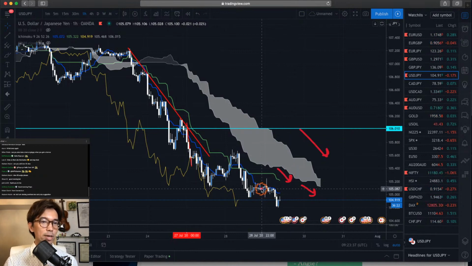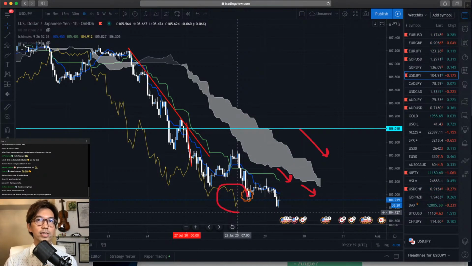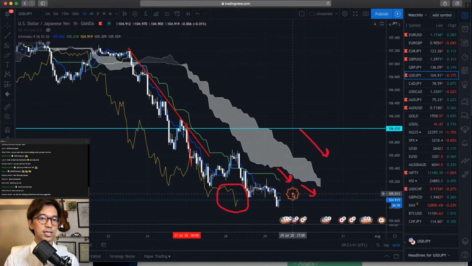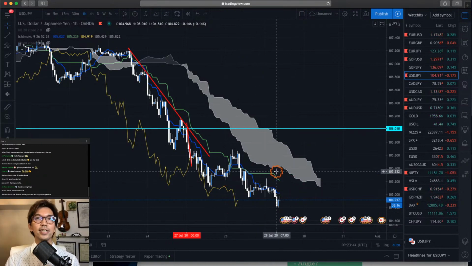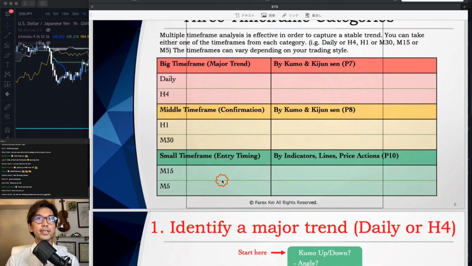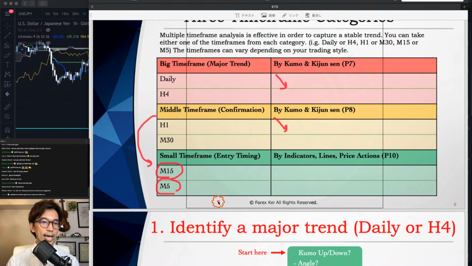And the Chikou span has been below these candles also. So that shows this is a decent downtrend. So that's confirmed on this one. So daily chart down, 1 hour chart down. Okay, so that's confirmed. Okay, so now I look at the 15 or 5 to capture trading edges.